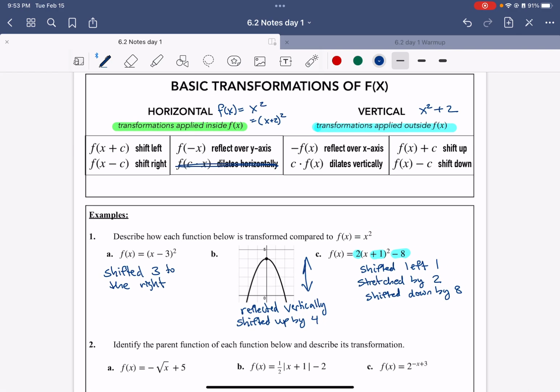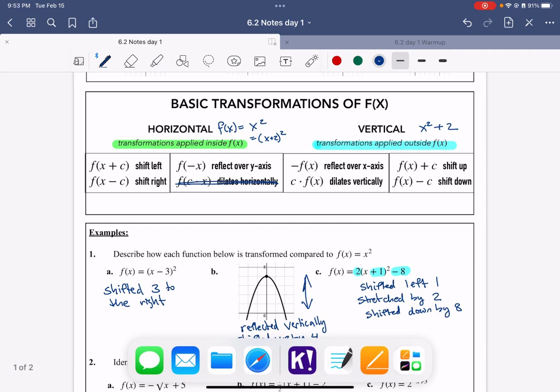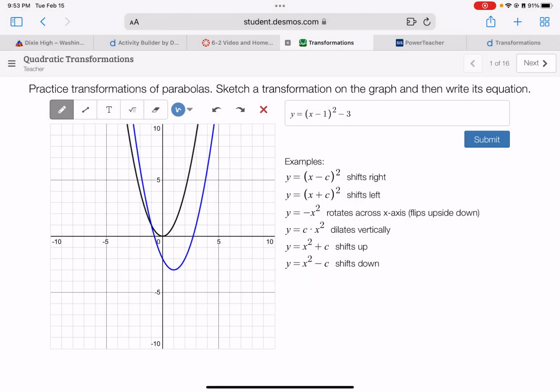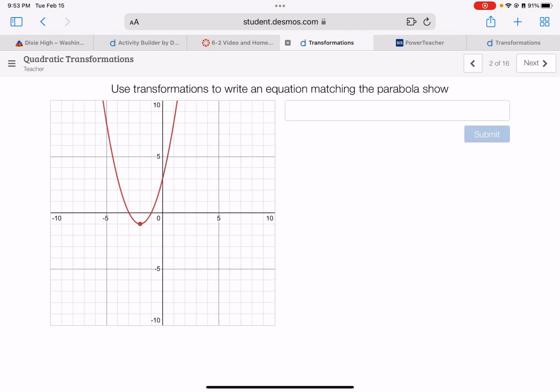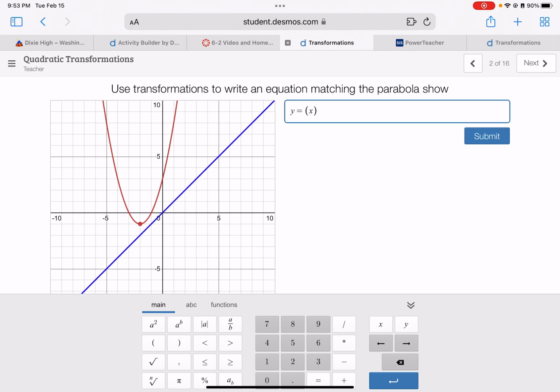All right, so that is all for the first video. Hopefully that helps. I'm going to go back real fast though to the transformations. If you go through each of these activities, I'll show you how one of these works. They give you a red graph and they want you to try to match it. So what I would do is I'd start with y equals, and then start with just x squared, and I'd put it in parentheses, x squared.